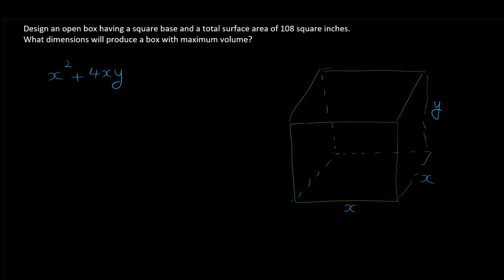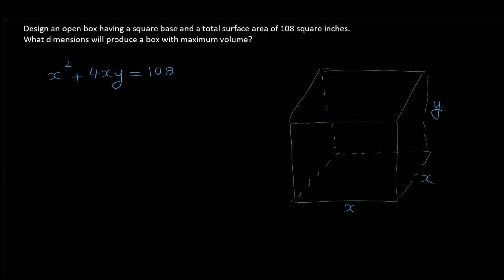So x squared plus 4xy is the total surface area of this box. Again, note that this box is an open box, so we do not consider the area of the top of the box. And this total should be 108.